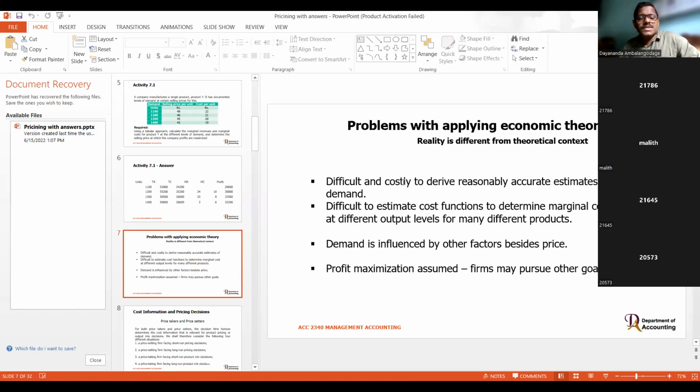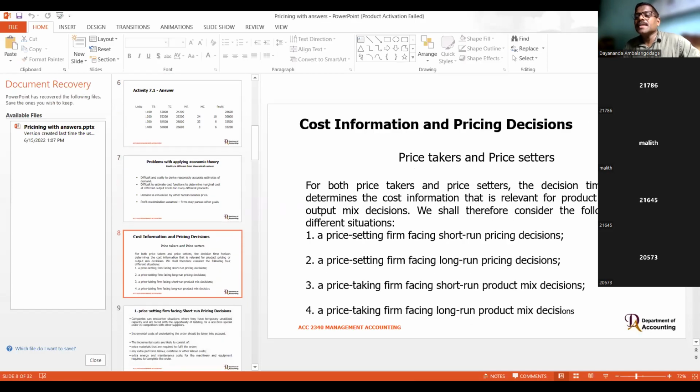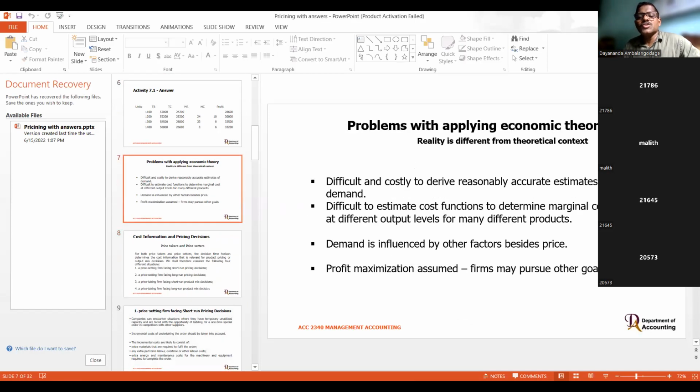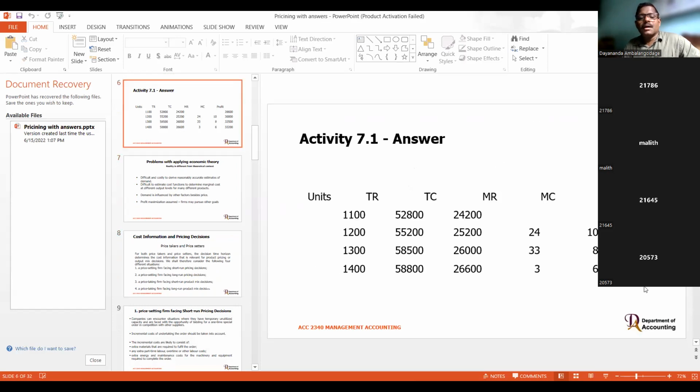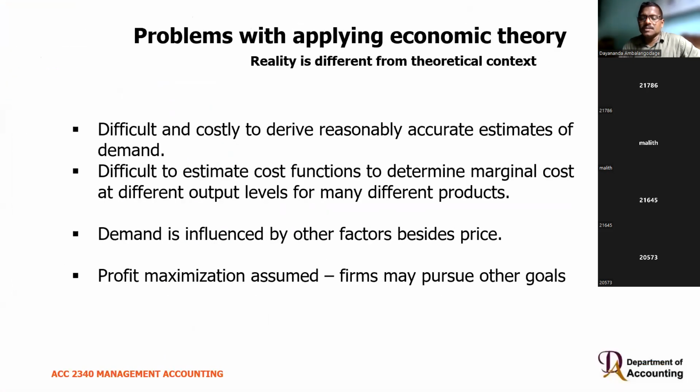So what we will do next is move on to the next part, that is, the cost information. Before that, I would like to discuss a little bit about the limitations of the economics theory. Now, economics model, MR equal MC. Economics is always based on assumptions or a theoretical context, so reality is different.